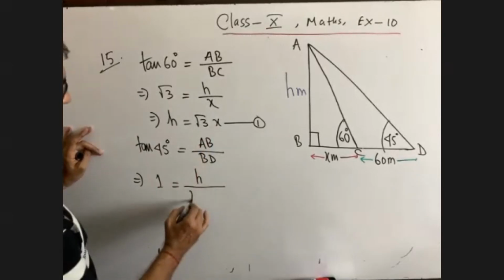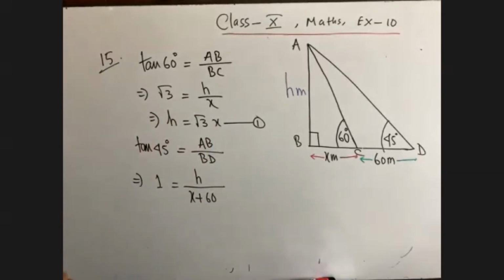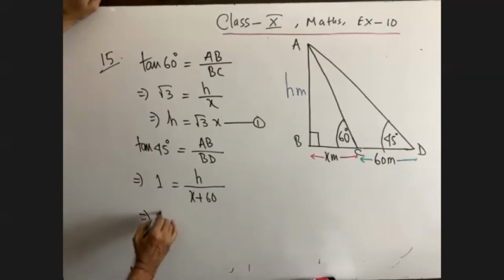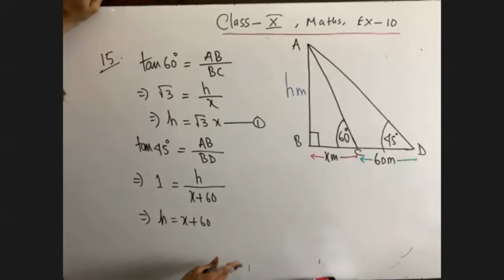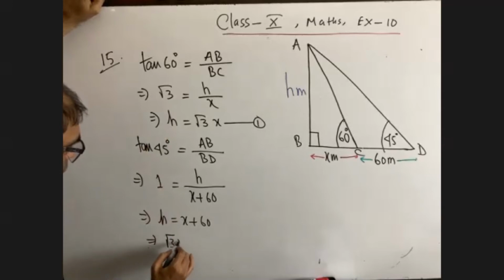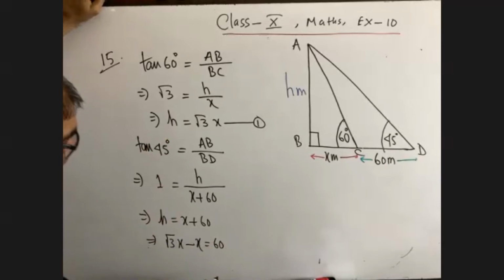BD equals to x plus 60, right? So we are getting h is equals to x plus 60. Now put the value, h is equals to what? Root over 3x. Root over 3x minus x equals to 60.